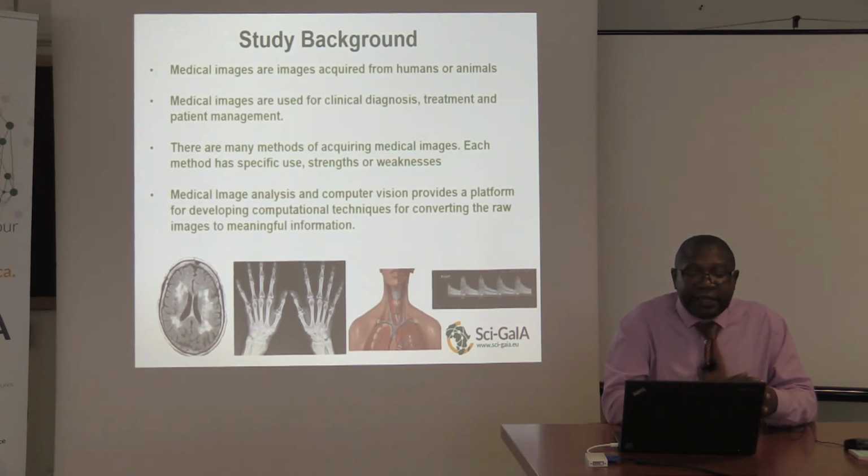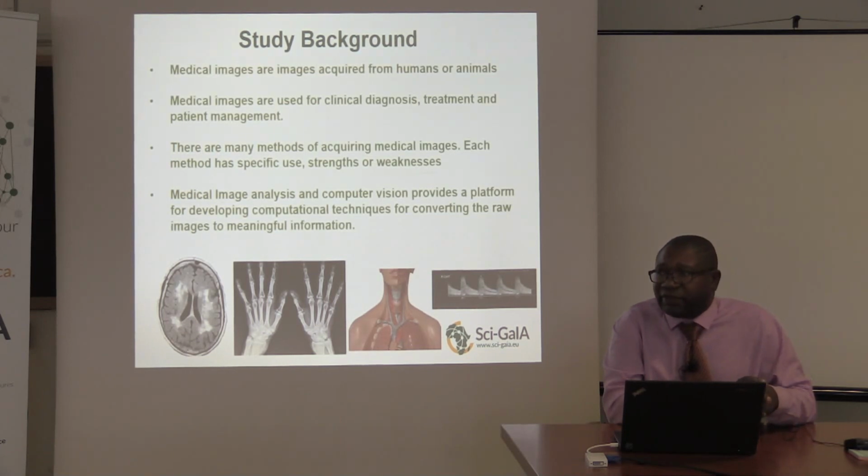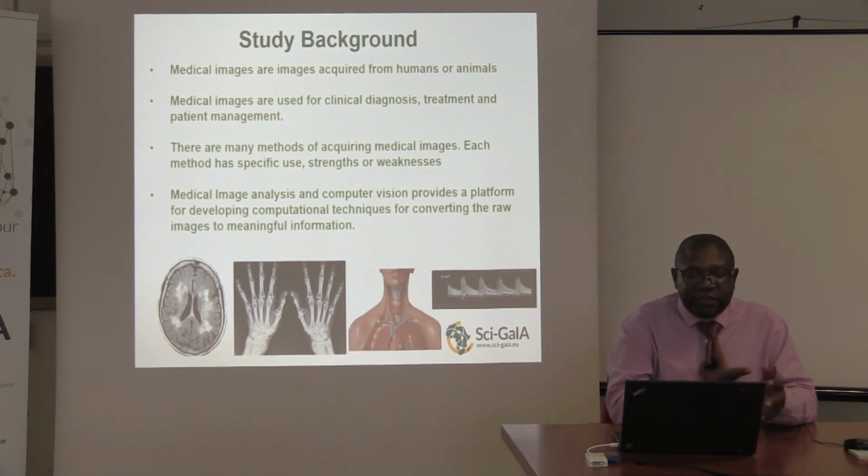But there are so many types of medical images, and they cut across depending on the anatomy or what the researcher or the clinical expert is interested in. The leftmost image here is a brain scan acquired using a magnetic resonance technique, and we can see, of course, the ultrasound there.